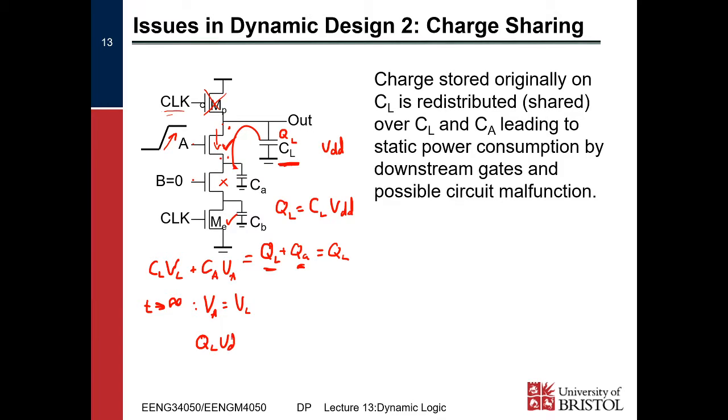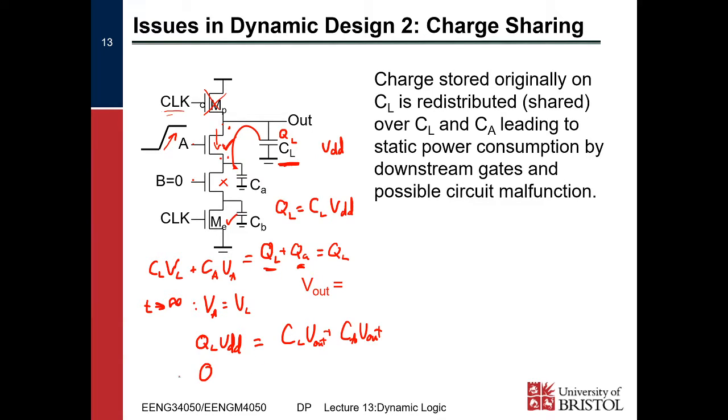CL VDD equals CL V out plus CA V out. And therefore we can just rearrange this slightly.